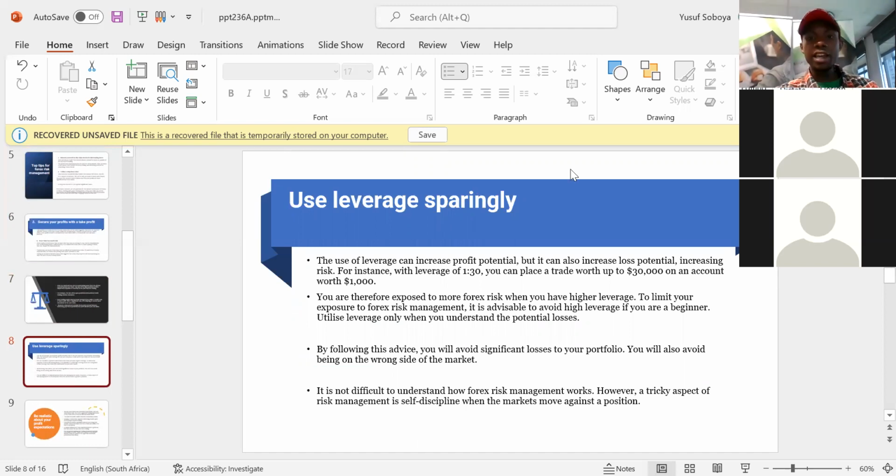All right, is there anyone who understands what leverage is? This is a very big question to most traders. Some traders have been trading, they know, but they don't really understand how it works. So, ladies and gentlemen, does anyone know what leverage is and how it works?